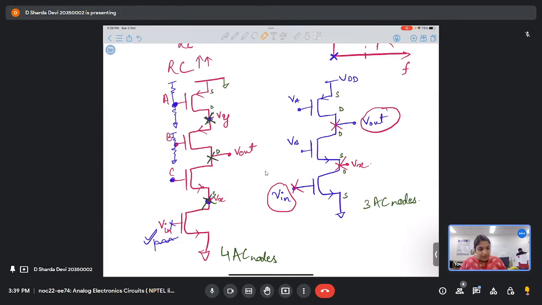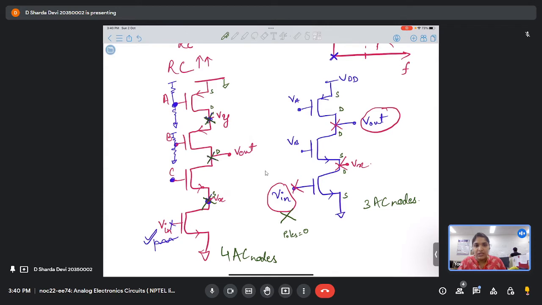So these are the AC nodes that we have found out. We will generally ignore the input node, because the pole's value turns out to be 0 at this particular node.